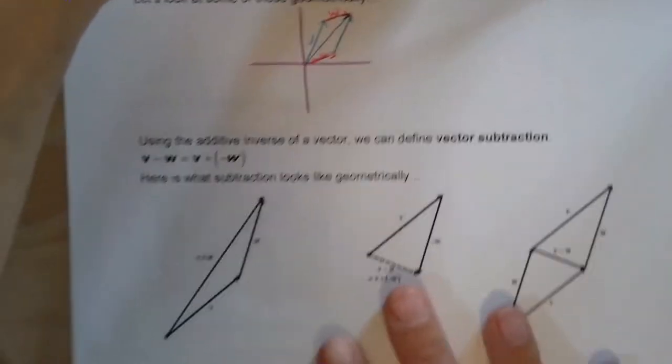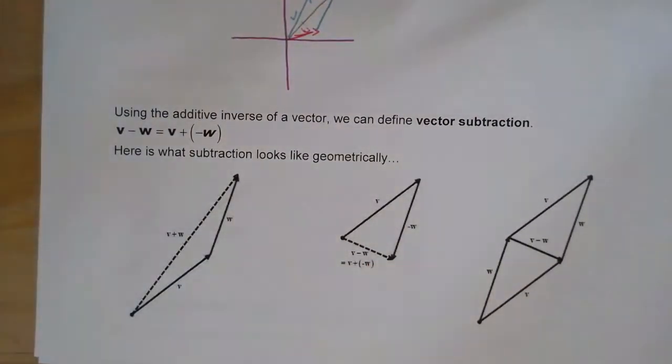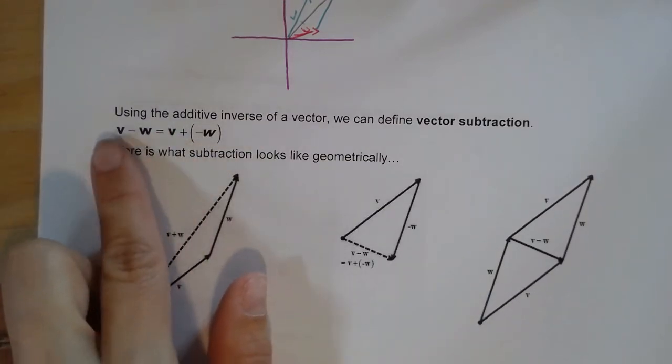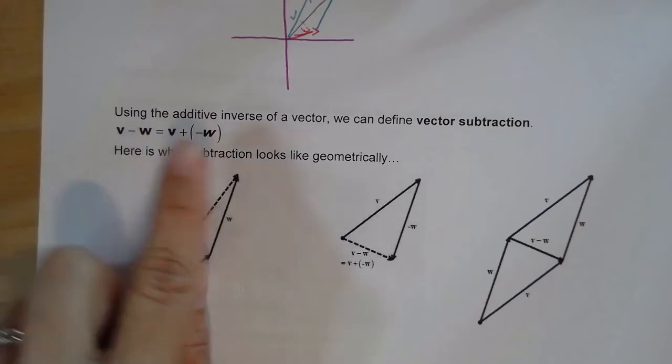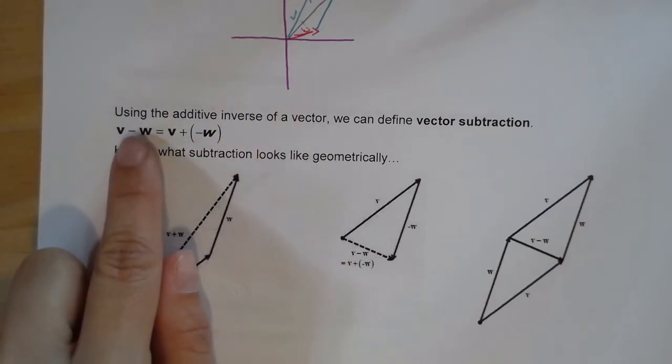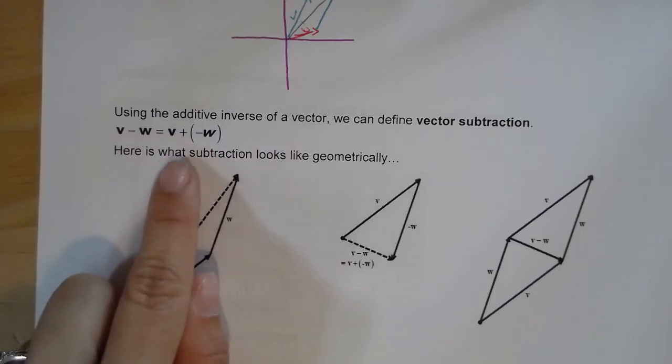Okay, so using the additive inverse, it's like our subtraction, guys. The thing is, this is an extra step that I don't think you need. You can think of it like subtraction, but really, because we like the addition, when you see the subtraction here, you're adding on the opposite of the second one, which makes sense because it's almost like you're multiplying by -1.